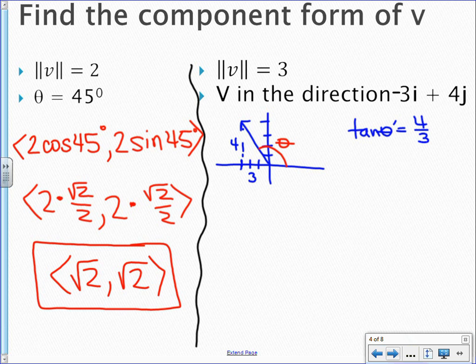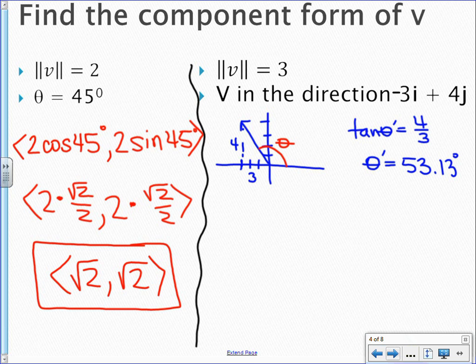So when you take the inverse tangent of 4 over 3, what do you get? 53.13. We're just going to keep it as a positive. We won't worry about the negative right now since it's a reference angle.